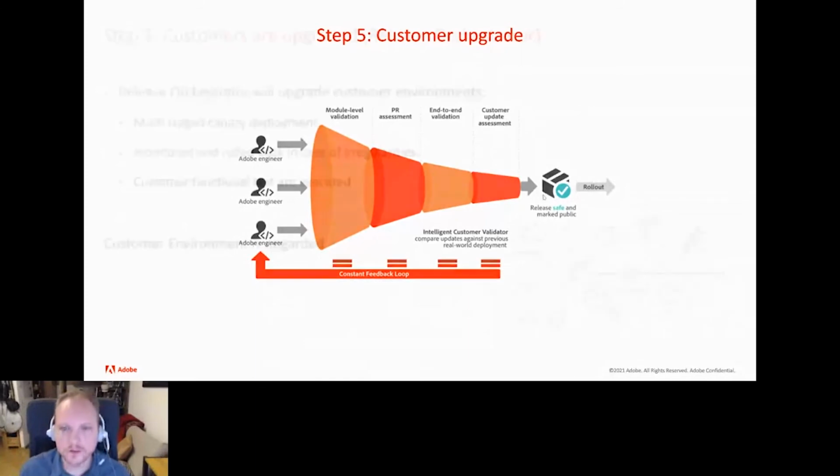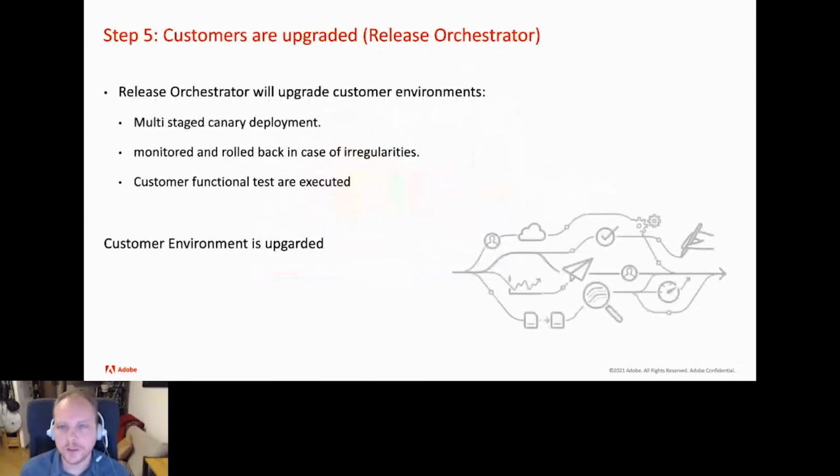And to perform this rollout, we use another tool that we internally call Release Orchestrator. Release Orchestrator is basically the one that takes care of upgrading all the customer environments that have been enabled to receive these upgrades.